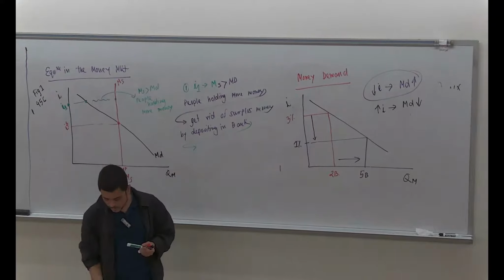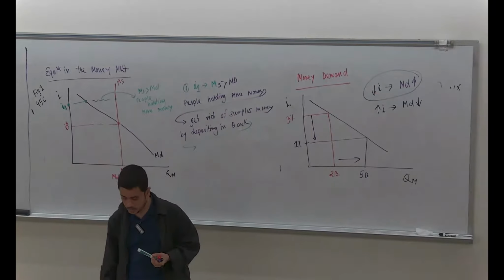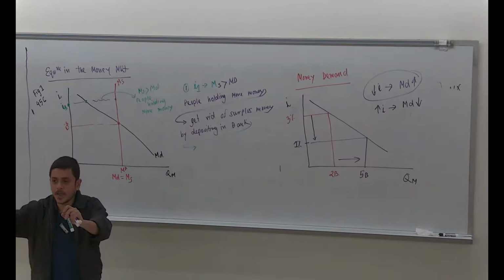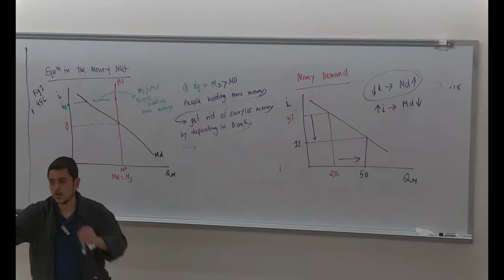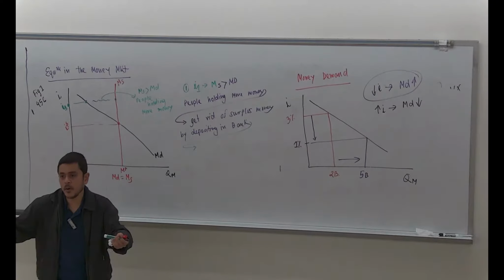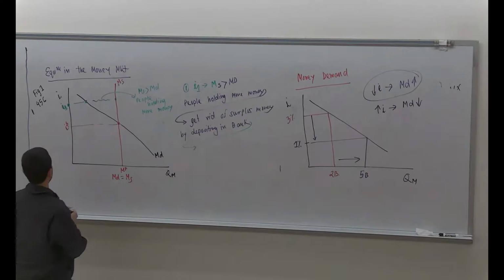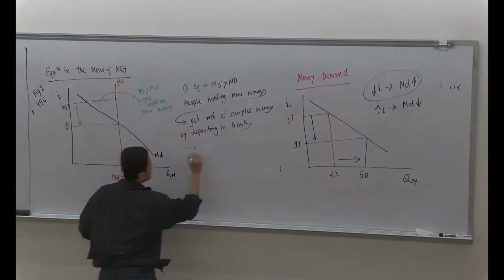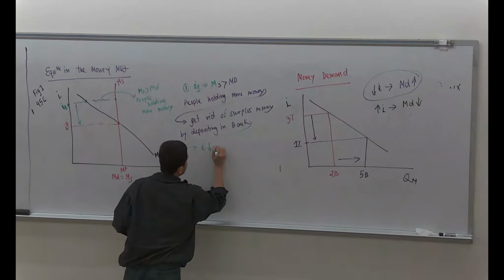So when you deposit in the bank or buy bonds, let's say everyone is going to the bank to deposit money. What will happen? The bank is getting a lot of money, everyone wants to deposit, so the interest rate falls.